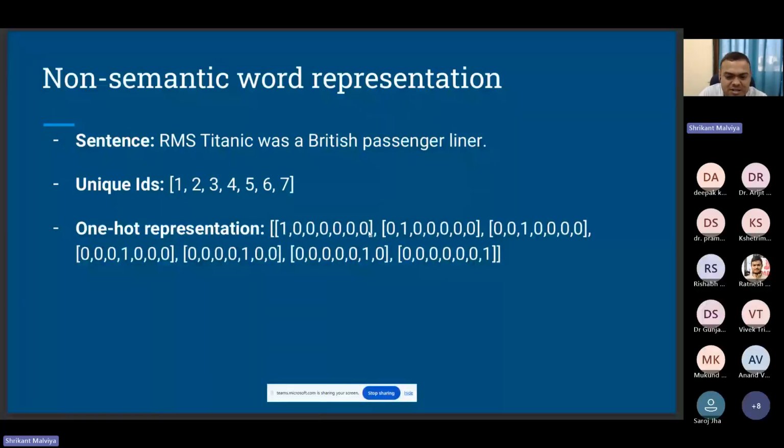This vector is the one hot representation for the first word, RMS. For Titanic, because we have assigned ID 2, at the second place we'll put 1 and the rest will be 0. That's how we can represent the one hot vector for each and every word in a given corpus.